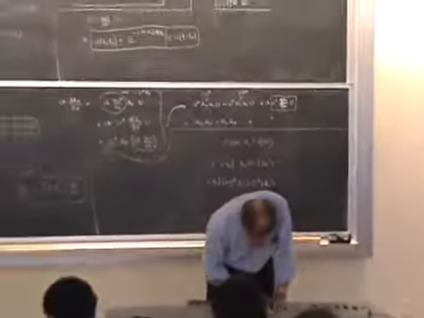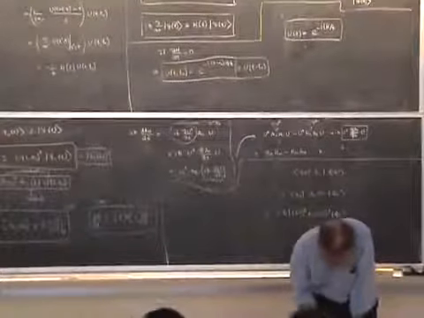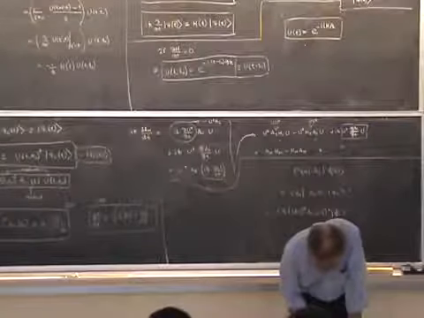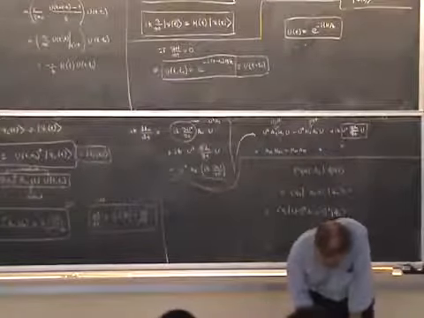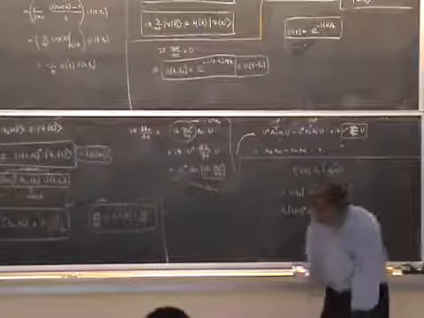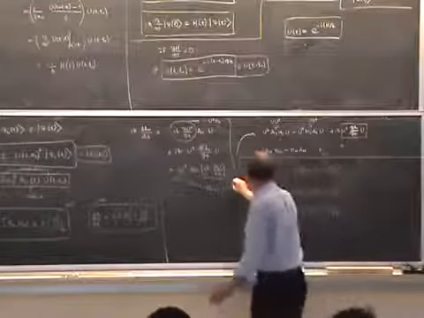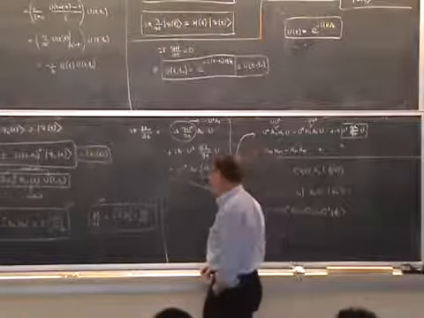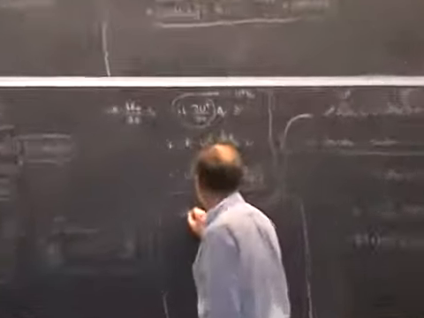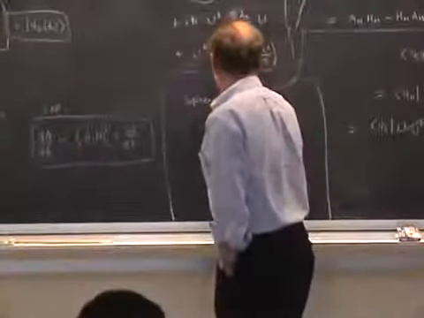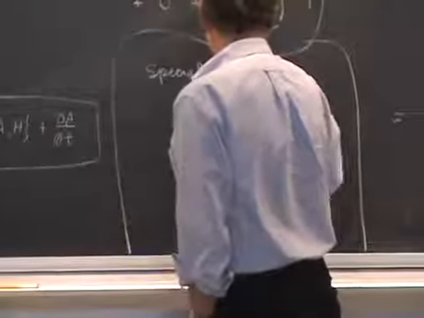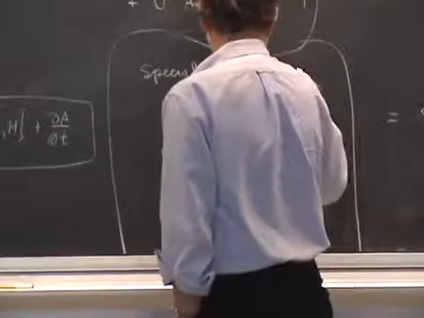Now, there are two final remarks. Here's one remark. It's a special case in which the Hamiltonian is time independent, so dH/dt is equal to 0.